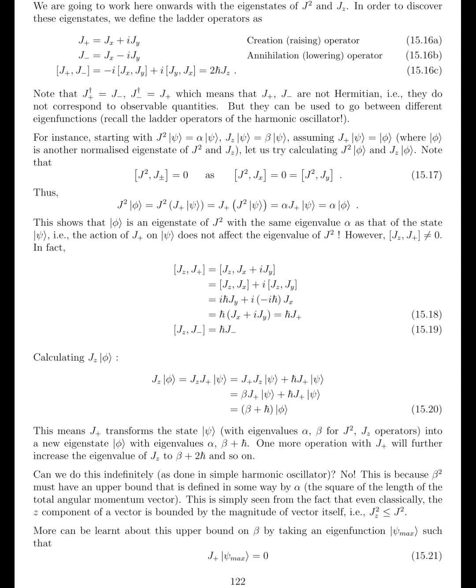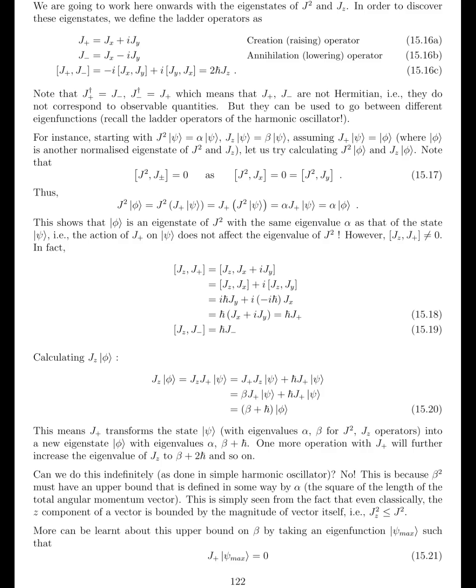In order to do that, I needed to make use of the fact that J squared commutes with J plus and J minus, and because it commutes, it's very easy to show that the eigenvalue of J squared does not change under the action of J plus. Actually, it's true even of J minus.